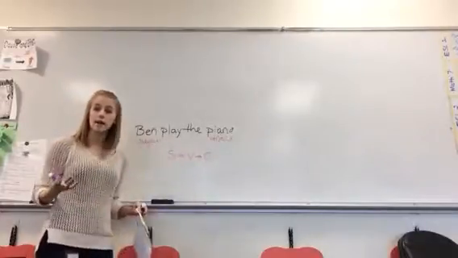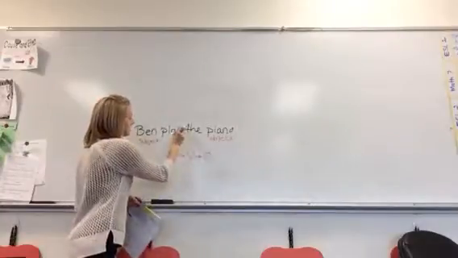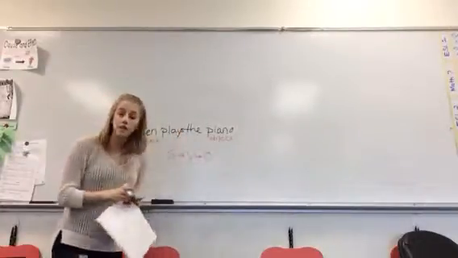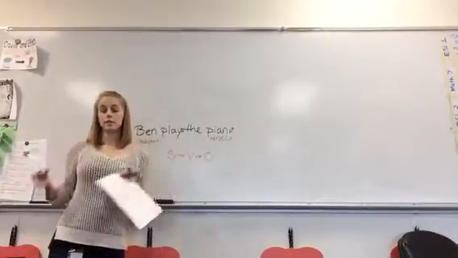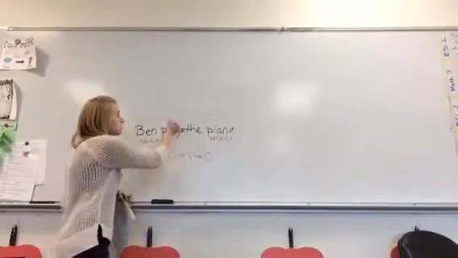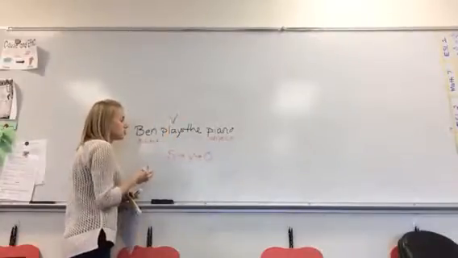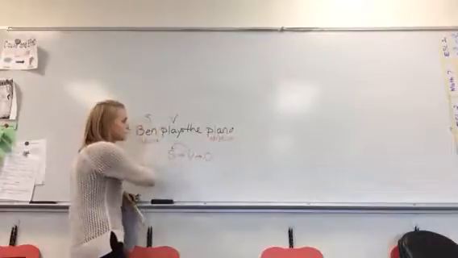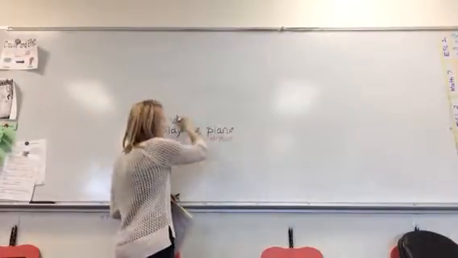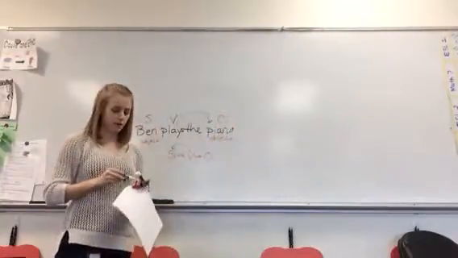If we can find the verb, which is plays, then we can easily find our object and subject nouns. Our verb is play. It's an action. So remember, always before the verb is our subject and always after the verb is our object. So piano is our object.